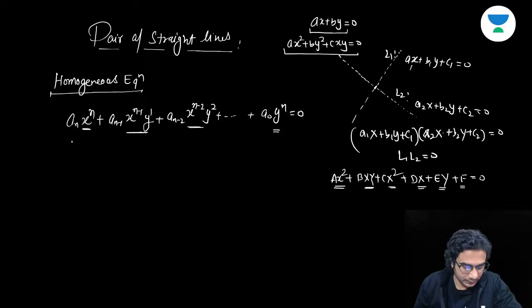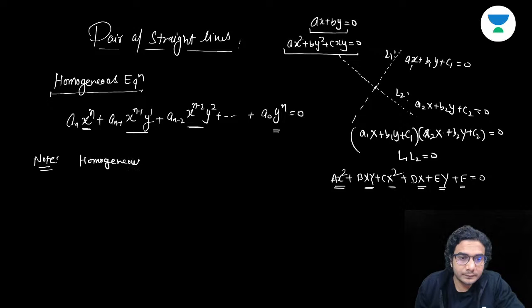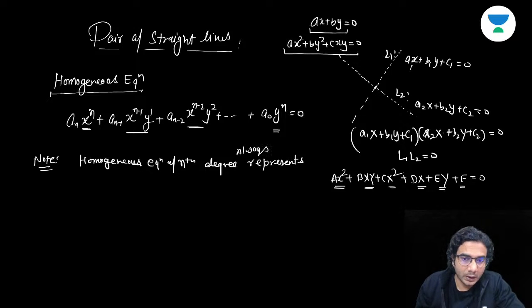All right. Okay. Now let me tell you one very important point. Homogeneous equation of nth degree always represents straight lines passing through origin.